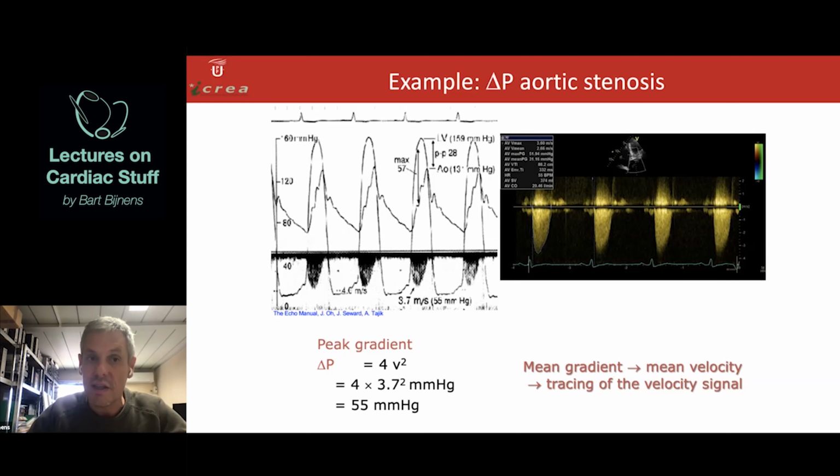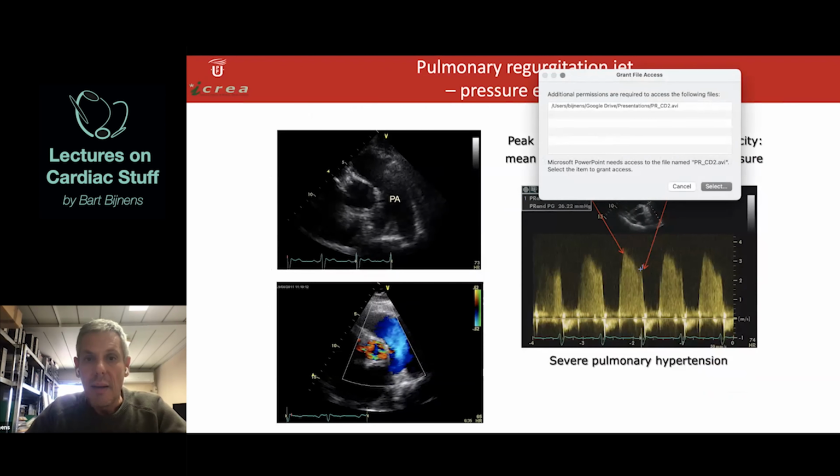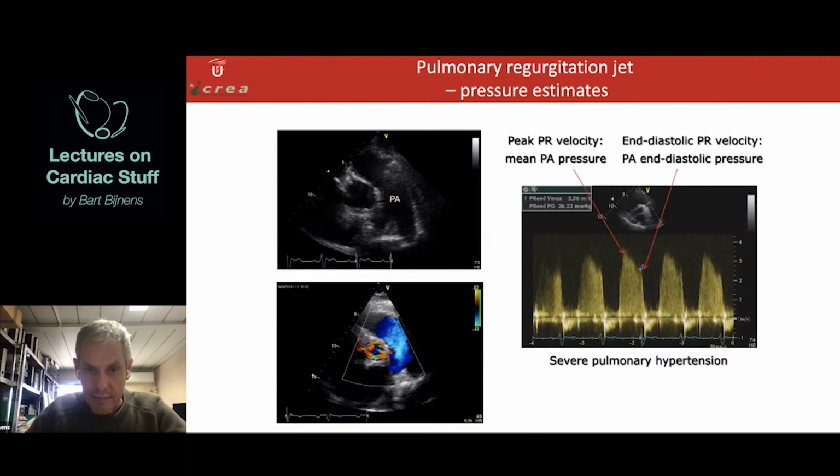That's important to keep in mind: Dopplers give pressure gradients by definition and not pressure profiles, so you can't use it for that. Here again, you can look at the dynamics. This is not so important.